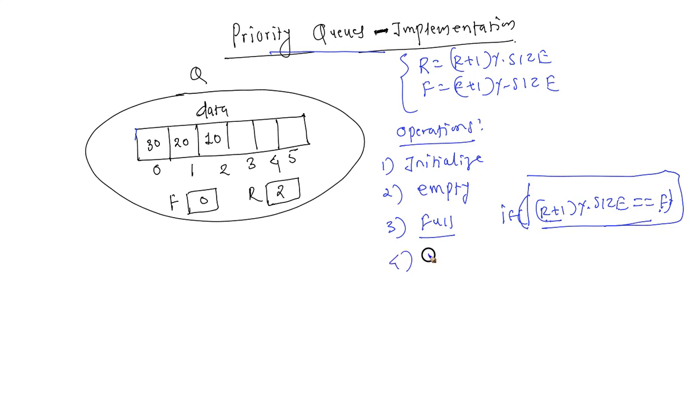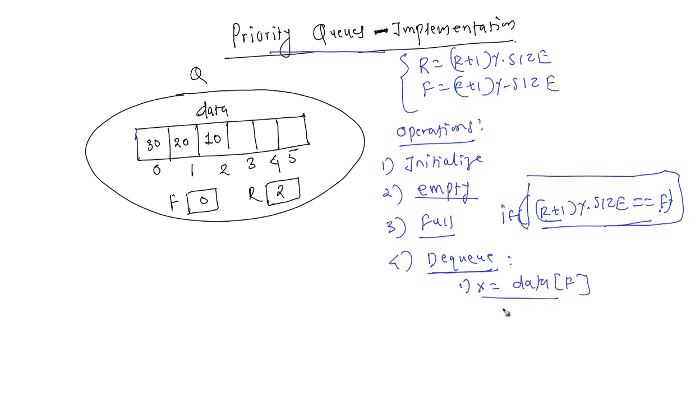Then the dequeue operation is also the same, right? What is the dequeue operation? Remove an element from location f; get the element from location f, data of f. Of course, before calling dequeue, I'm checking that the queue is not empty. Then after removing an element, I will check whether that was the only element.